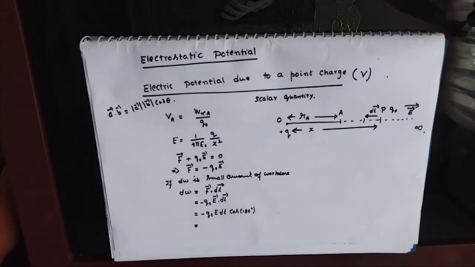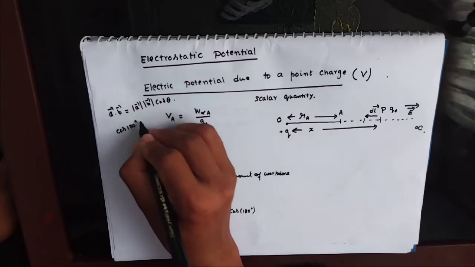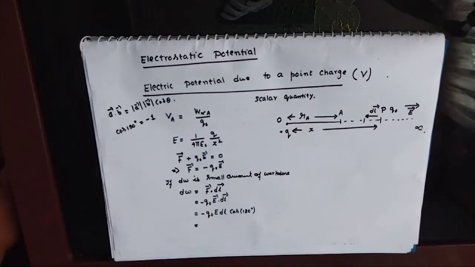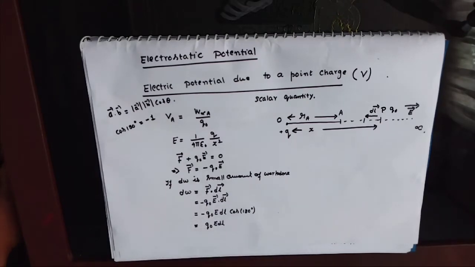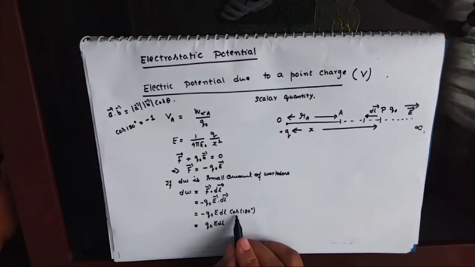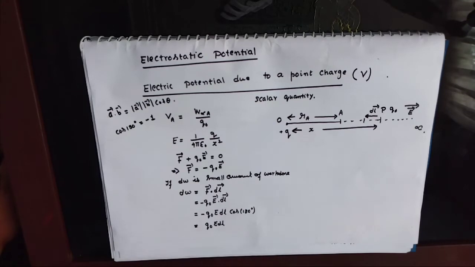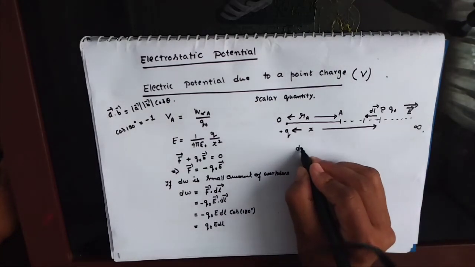So what is cos of 180? Cos of 180 degrees is minus 1. So if you substitute here, we'll have Q naught E dl. The minus 1 cancels with the minus, so we'll get plus. So now, what is dW?